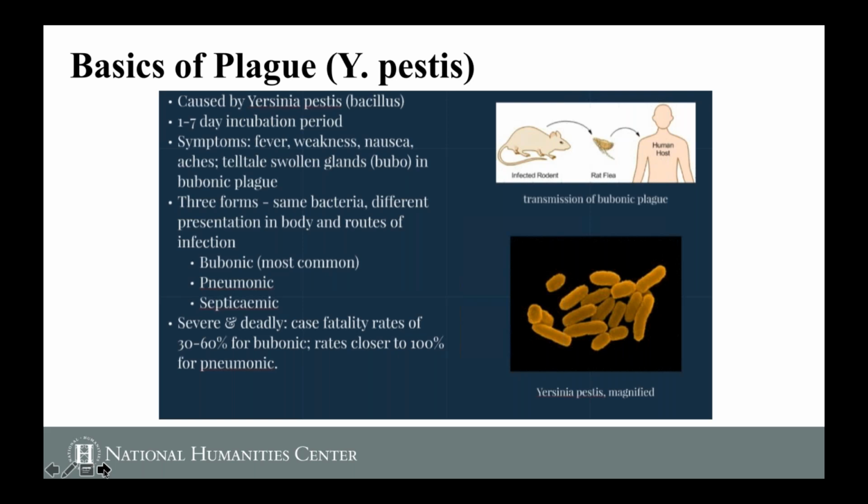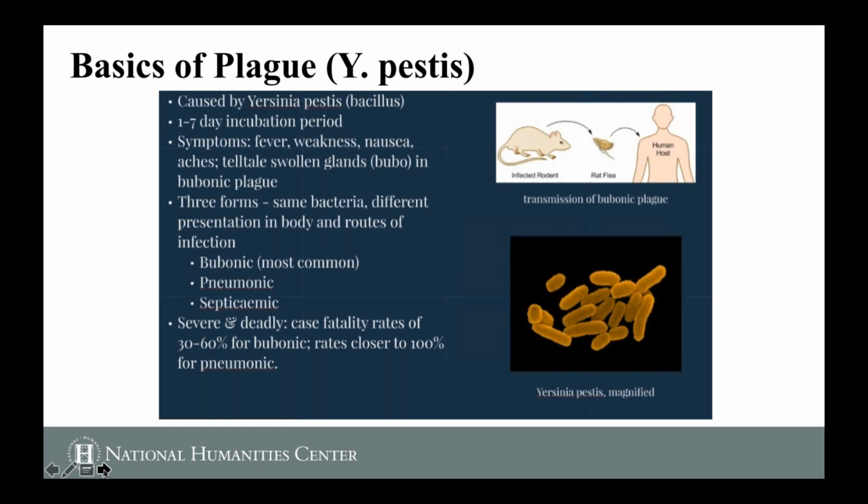Plague's a bacterial infection. It has a short incubation period, really acute and dramatic symptoms: fever, weakness, nausea, aches, you feel terrible, and these very characteristic swollen glands that were called buboes that then can blacken and separate and swell up and are teeming with those plague bacteria.